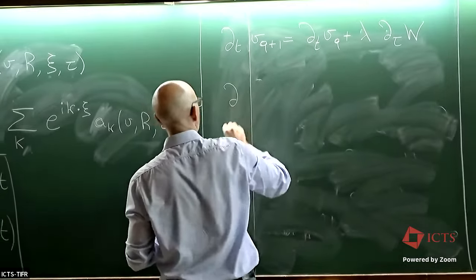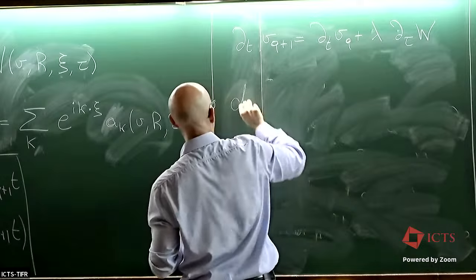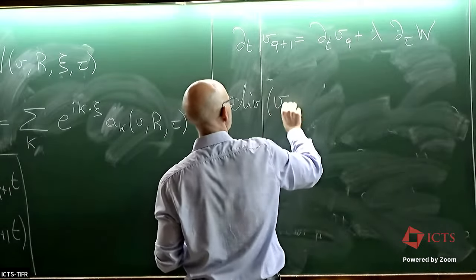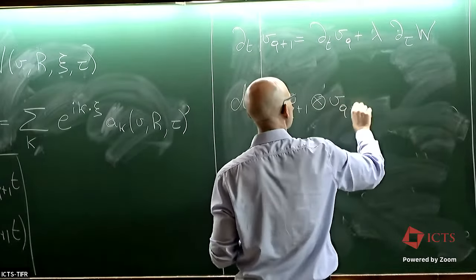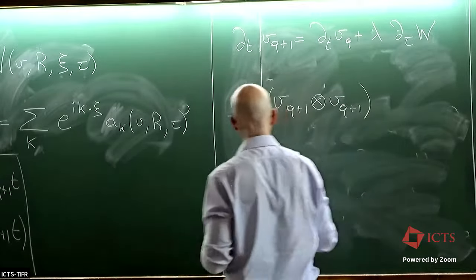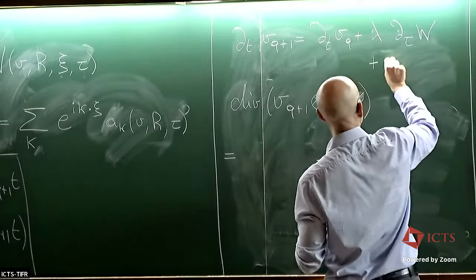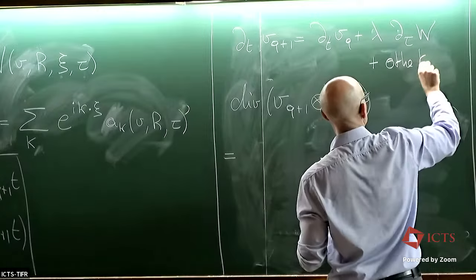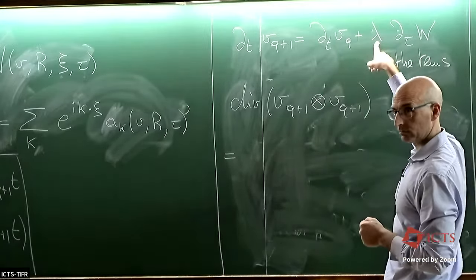So when I compute the divergence of VQ plus 1 tensor VQ plus 1, okay, oh, and then there are other terms with no lambda though, order 1 in lambda, okay?